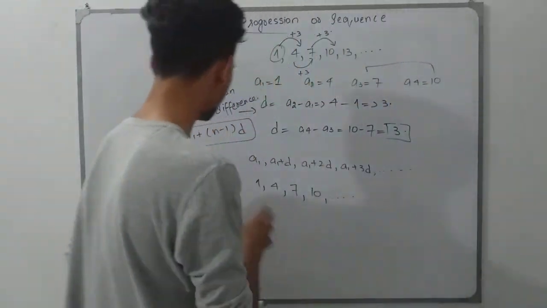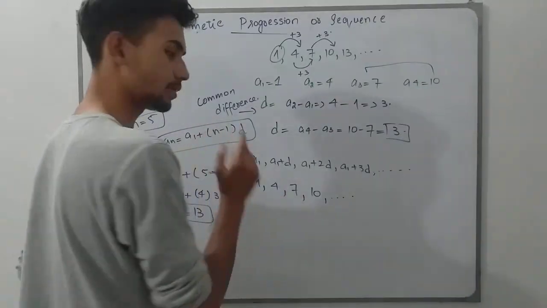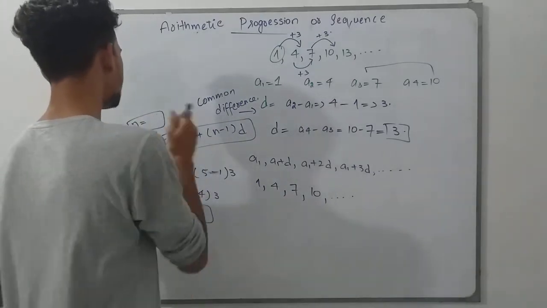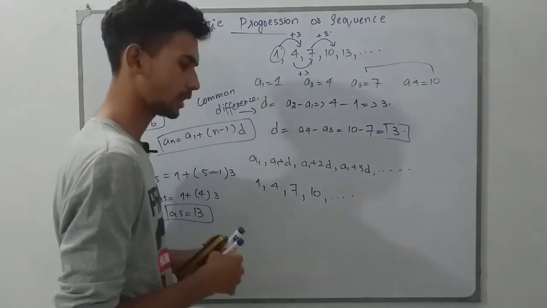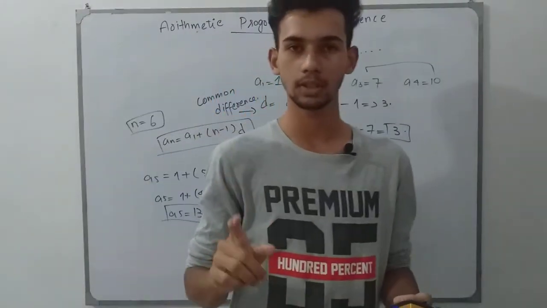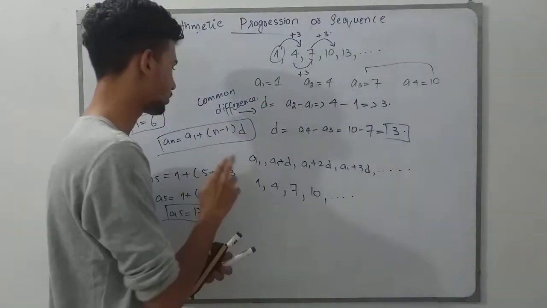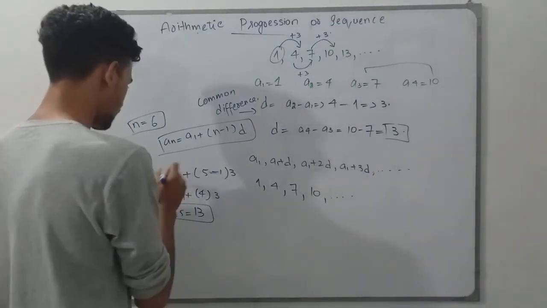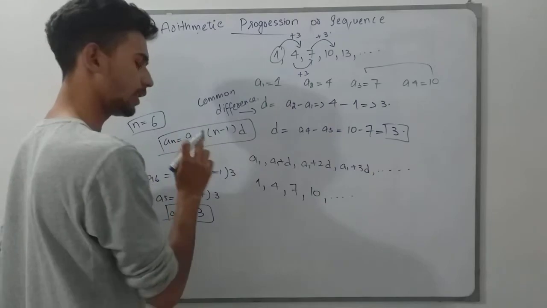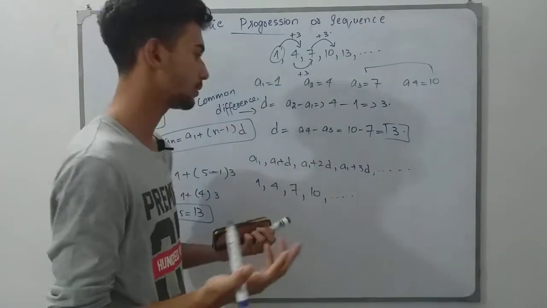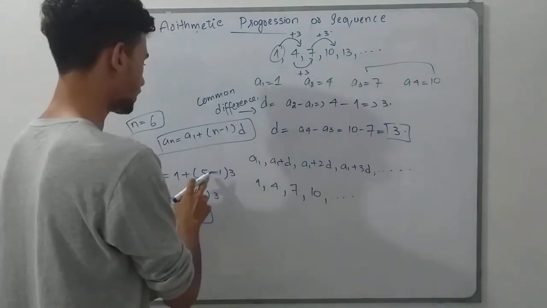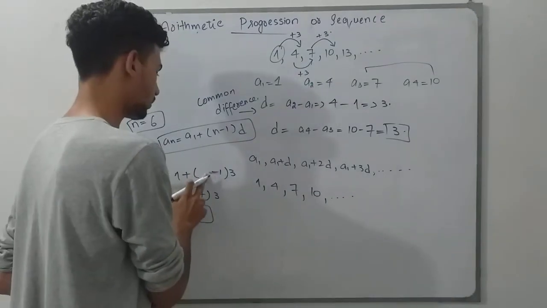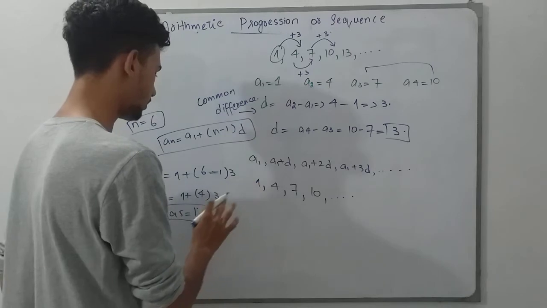Suppose we are asked to find the 6th term. Now what is n? n is 6 for me now, and I need to plug in the value n is equal to 6. So I'm going to substitute n with 6. The initial term a1 is the same, plus here I substitute 5 for n, now I'm going to substitute 6 for n, and everything else will remain the same.